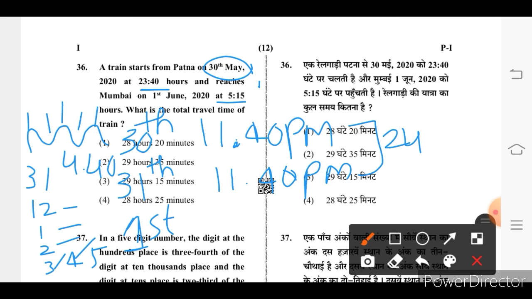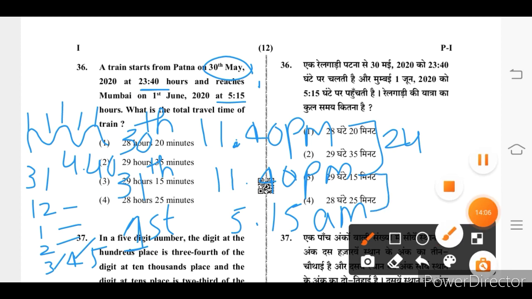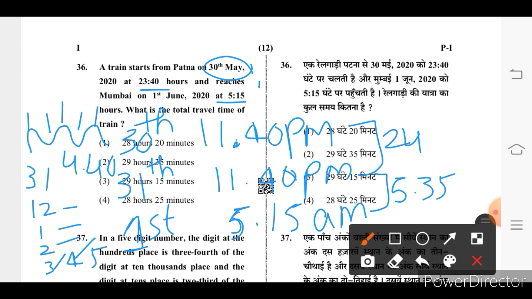Here the time is 5:15 a.m. morning. So the time gap between 11:40 p.m. night to morning 5:15 a.m. is 5 hours 35 minutes, because here 4 hours and from 4:40 to 5:15 is 35 minutes.